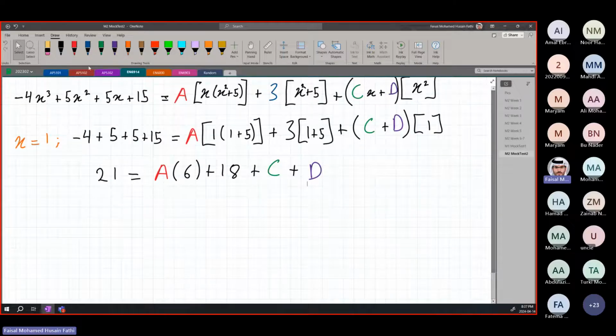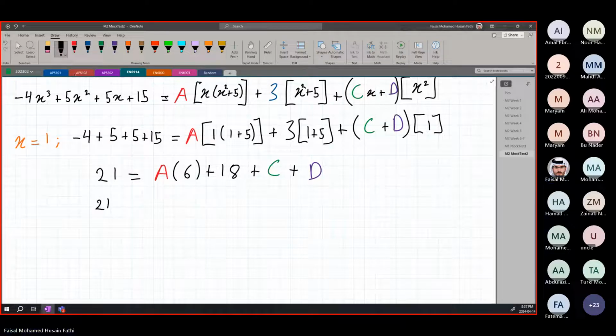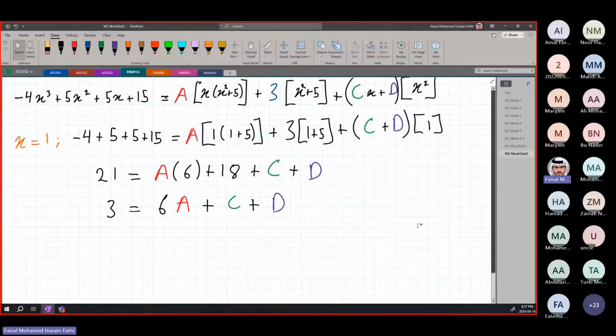We can take the 18 to the other side. So it's going to look like this: 21 minus 18, which is 3, is equal to 6a plus c plus d. And you got your first equation.